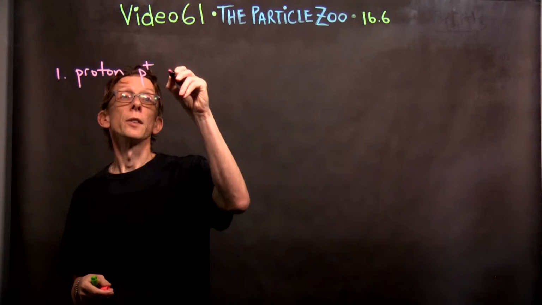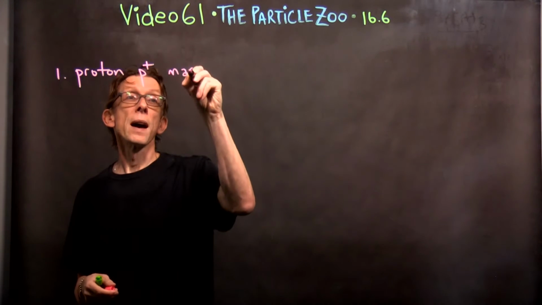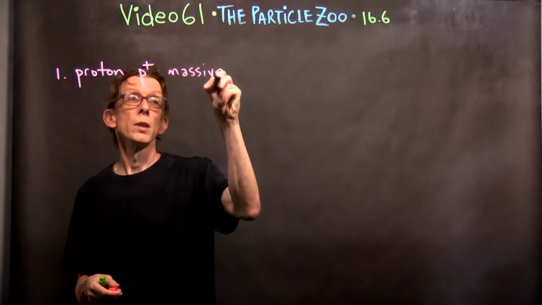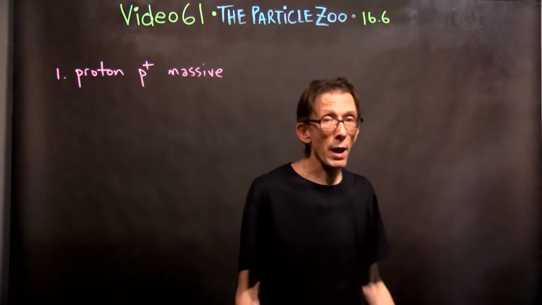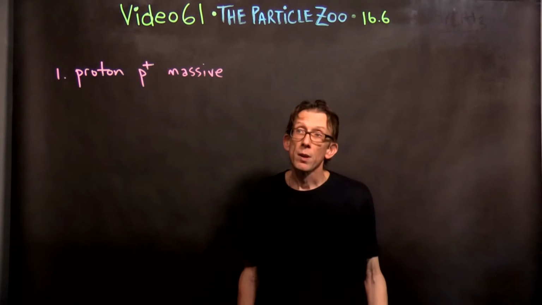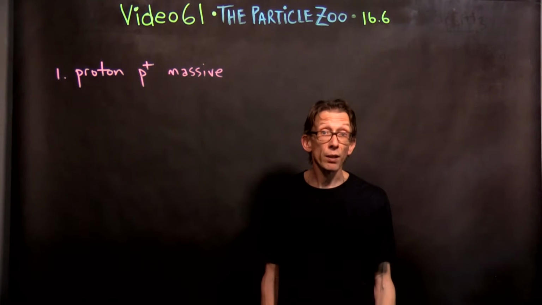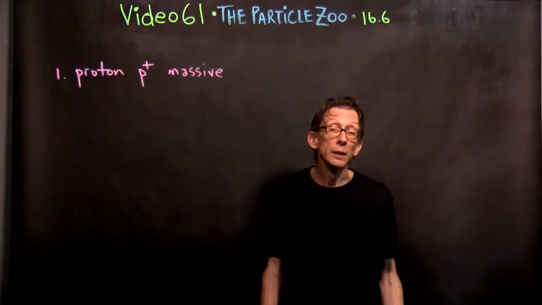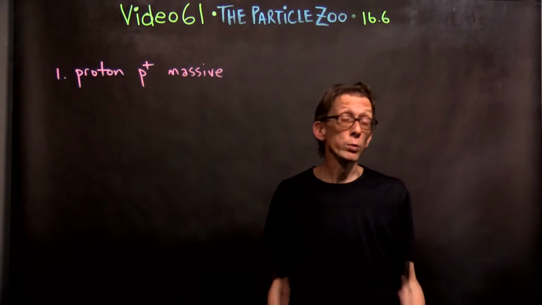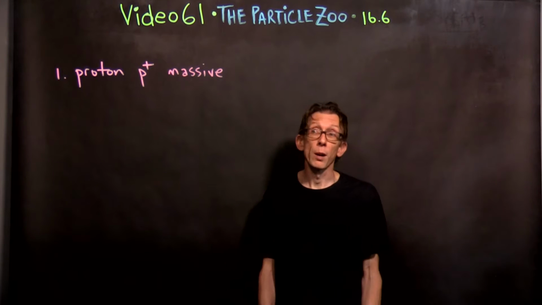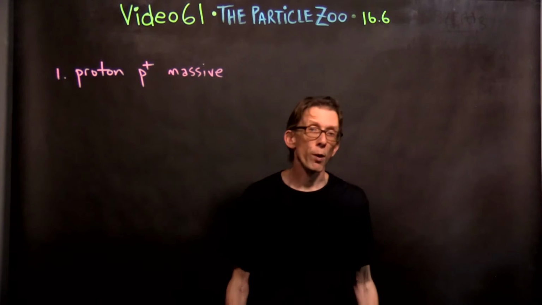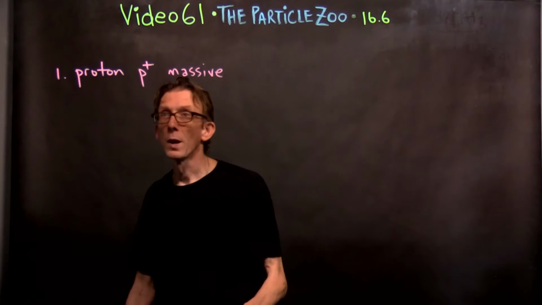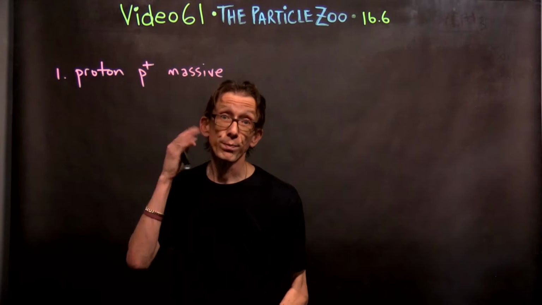Now, it's not massive compared to an elephant or even a mouse. But on the subatomic scale, it's an 800-pound gorilla. On the super tiny subnuclear scale we're talking about, the proton is a large particle. It's quite massive. And of course it's positively charged.